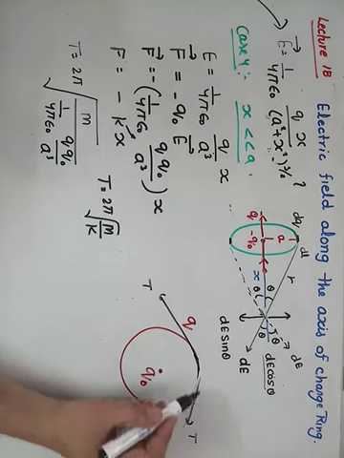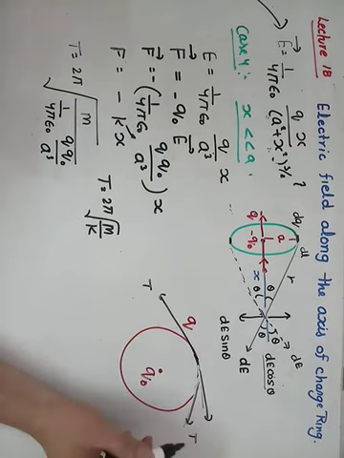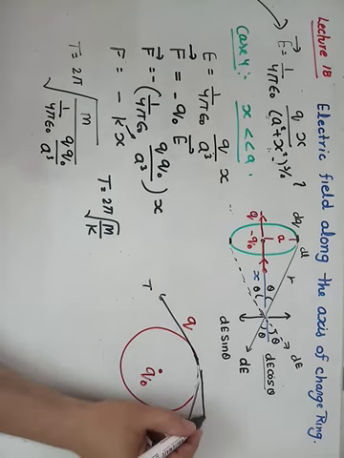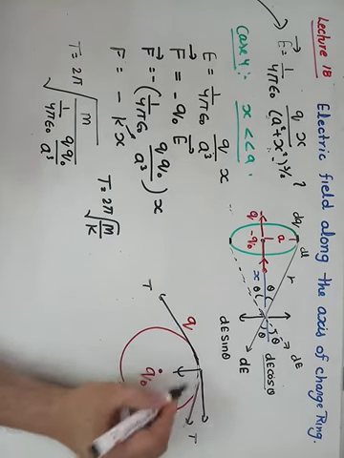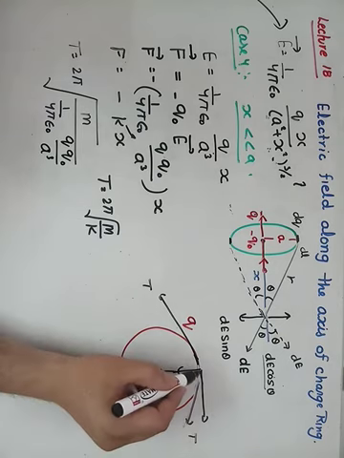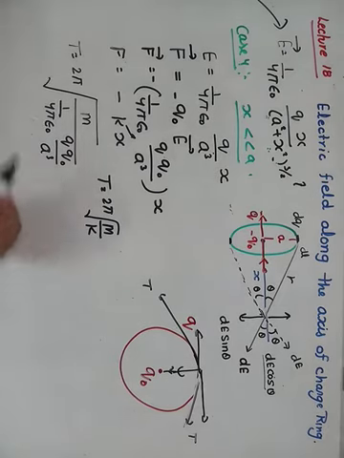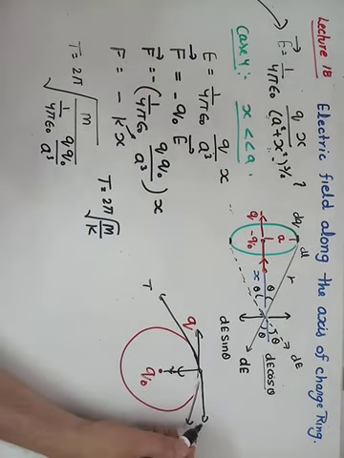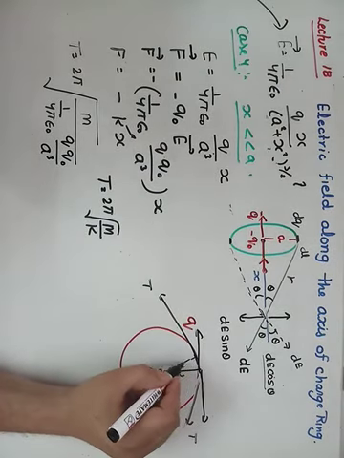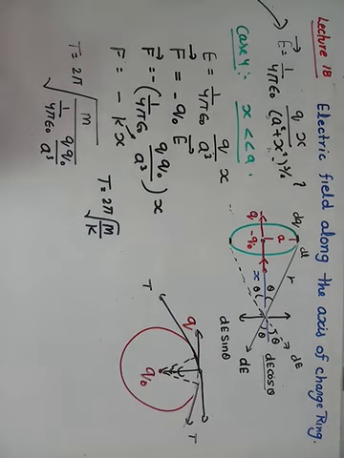We can resolve this tension along two components: one horizontal, and second vertical. This horizontal component will cancel out. If we take this angle theta, I will solve this very briefly.